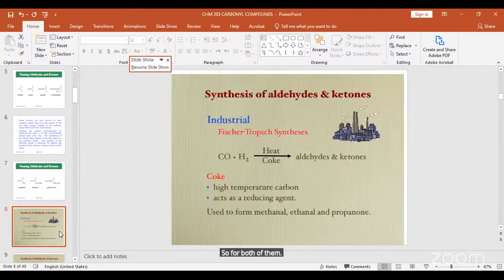Now, we have carbon monoxide and hydrogen heated at high temperature in the presence of a reducing agent. You can form butanol, ethanol, propanol. And those are the various carbonyl compounds that this particular method is used for.